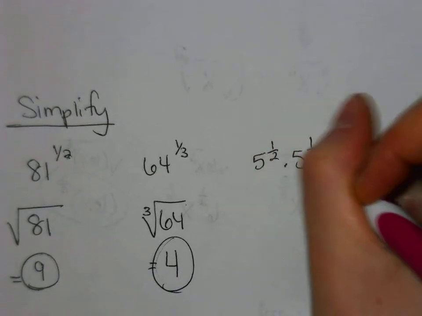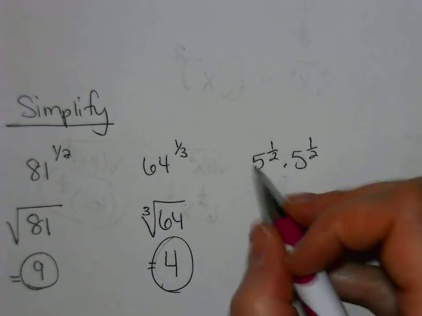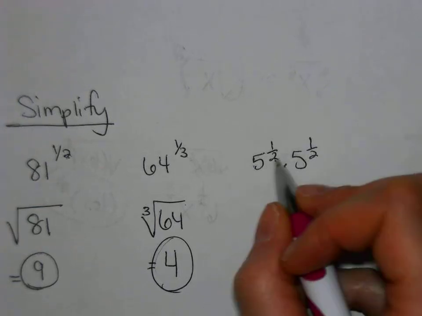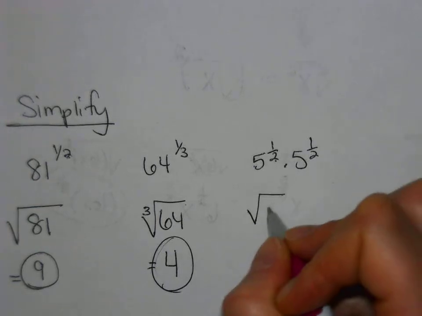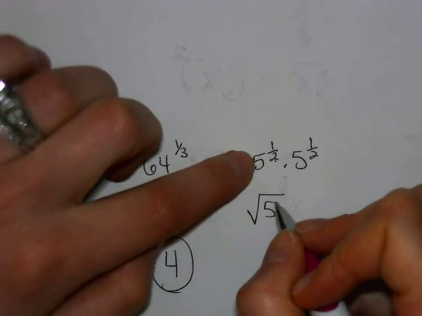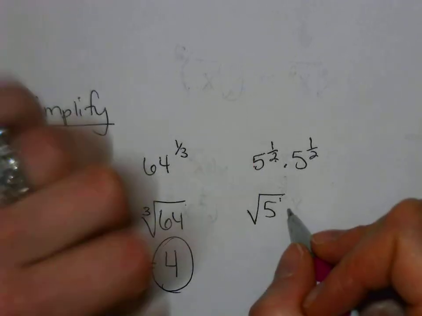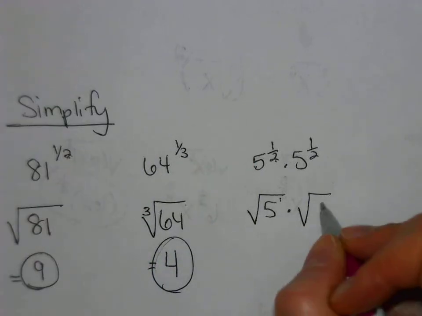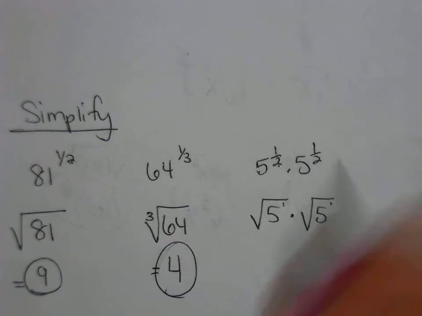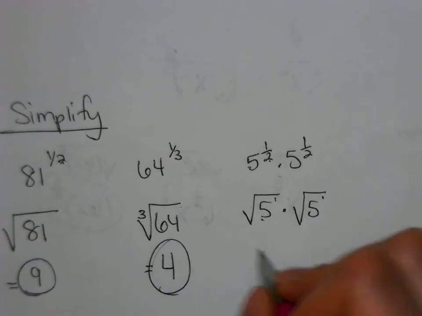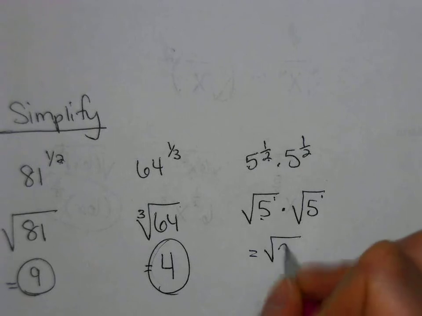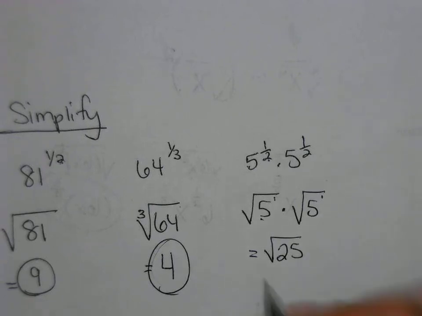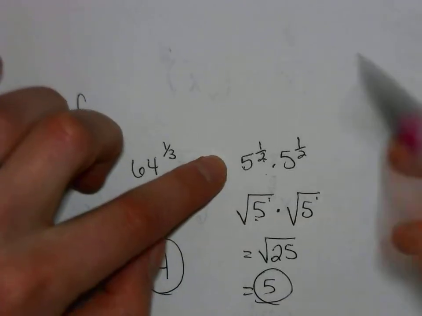Well, the 2 underneath means square root, so the square root of 5 to the power of 1 times the square root of 5 to the power of 1. The square root of 5 times the square root of 5 equals the square root of 25, and the square root of 25 equals 5. So take both things, rewrite them with your radical, and simplify.